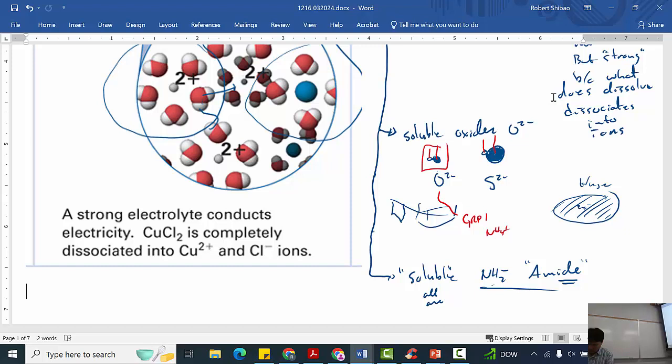Nitrogen dihydride or something like that. Is it amide? Yeah, amide.